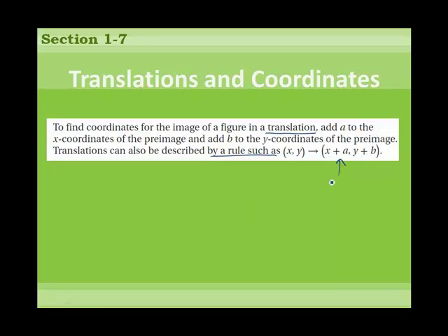This plus a will just slide x left or right. And then adding b, or it could be minus a number, will just slide the image point up or down. And that will give us a slide or a translation.